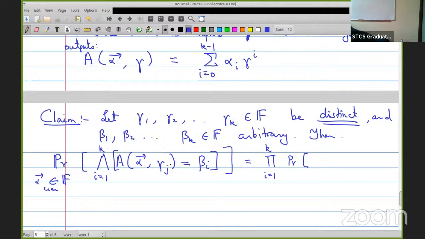Let me call this G, just to avoid confusion. Which is just 1 over |F| to the k.